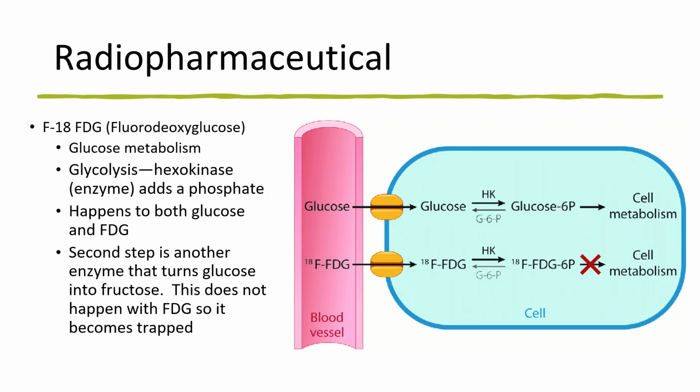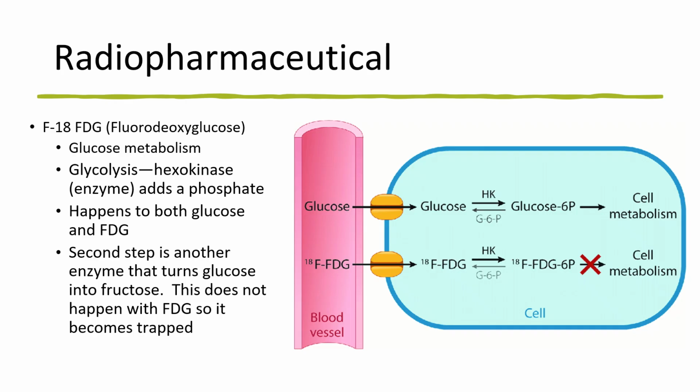So the process of being taken up by the cell on those glucose transporters and being placed into the cell is normal. That happens with both glucose and FDG. But the second step is that another enzyme has to turn that glucose into fructose in order for the cell to actually use it.